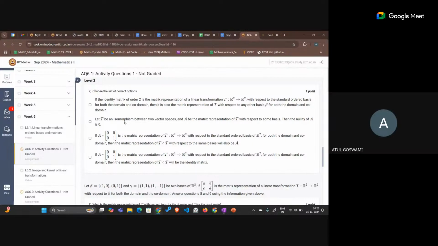I mean zero; I was thinking of the dimension, but because it is one-one, the kernel is only the zero vector. So that's why it is straightforward.